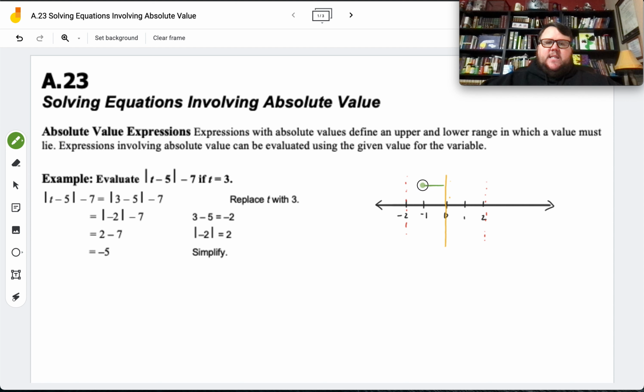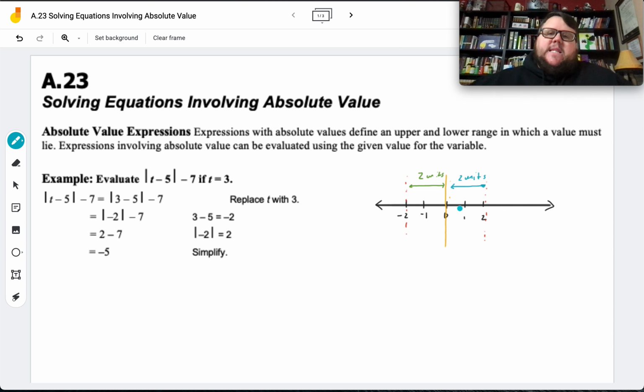The distance between 0 and negative 2 is 2 units. And the distance between 0 and positive 2 is also 2 units.